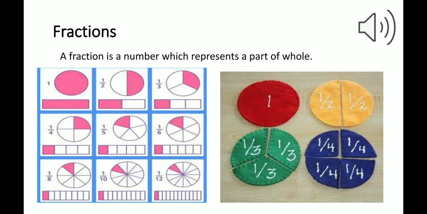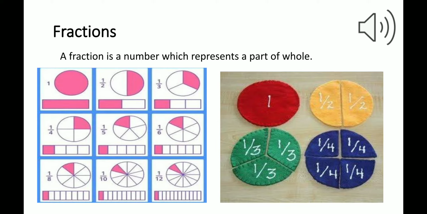The circle has been divided into 5 equal parts. Out of the 5 equal parts, 1 part is colored. So again the fraction becomes 1 by 5. The other one, it is 1 by 6. Similarly 1 by 7.